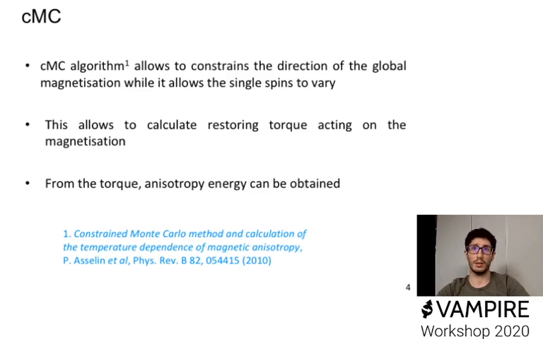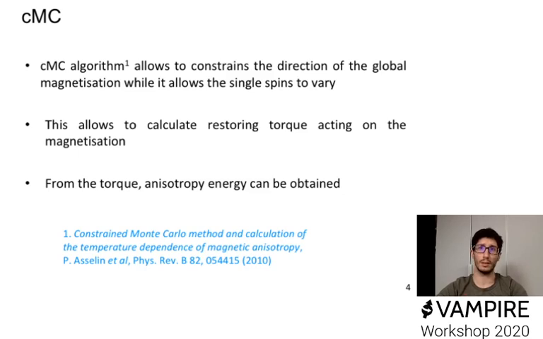Because then the system is not in equilibrium, the global torque that acts on the system and the magnetization of the system will not vanish. And so what we can do then is extract the anisotropy energy from the torque.